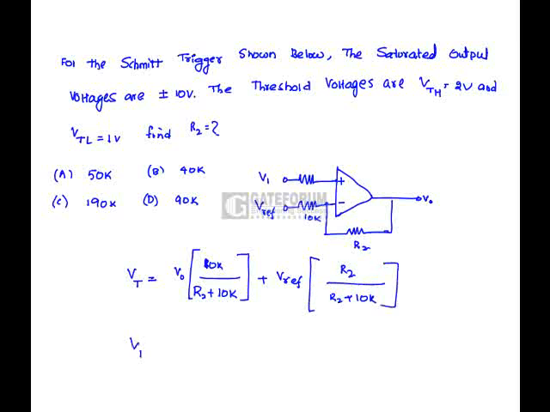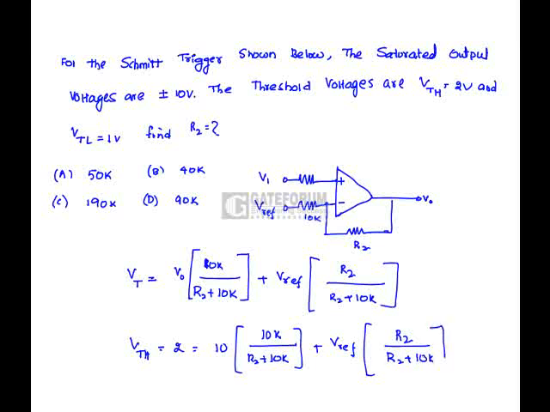So Vth, which is 2 volts, is obtained when V0 is the positive saturated voltage, that is plus 10 volts, so 10 times 10k divided by R2 plus 10k, plus V reference term. V reference is unknown, but it is not required to decide R2.